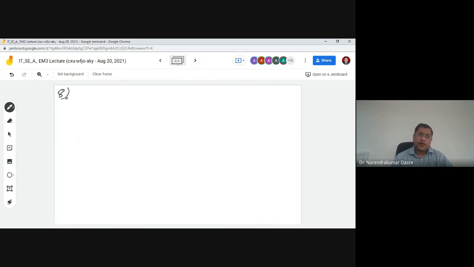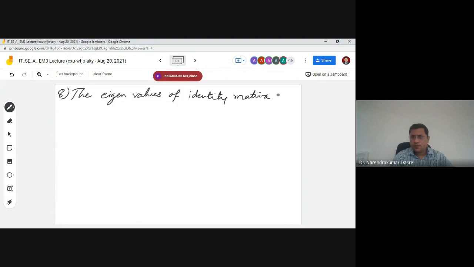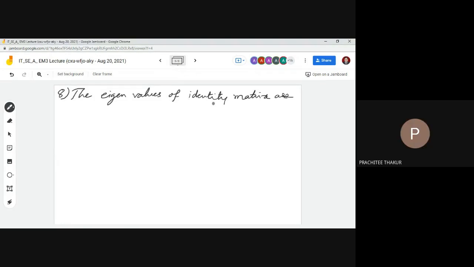Now can you tell me what will be the eigenvalues of the identity matrix? 1, 1, 1.